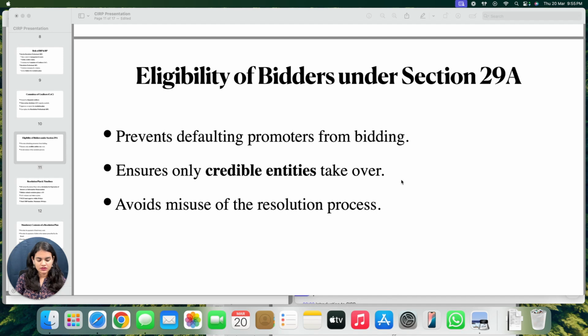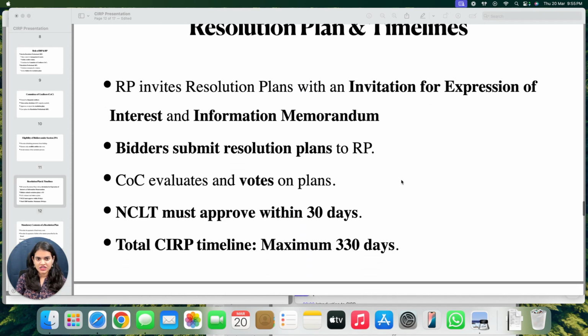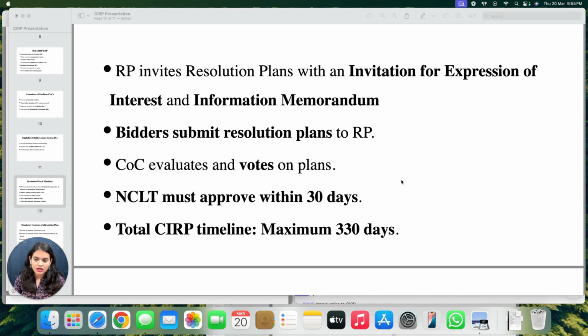So once the expression of interest is received, the prospective resolution applicants are required to submit a profile of the entity, which may include details that enable the IRP to ascertain their credibility and financial solvency.